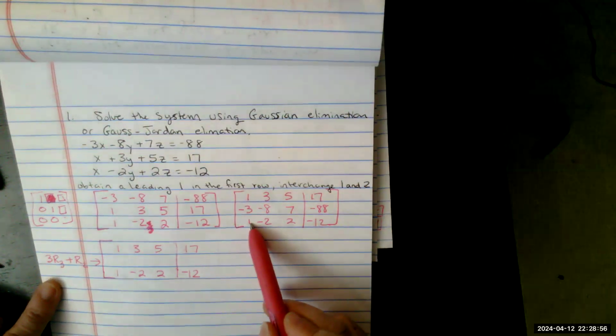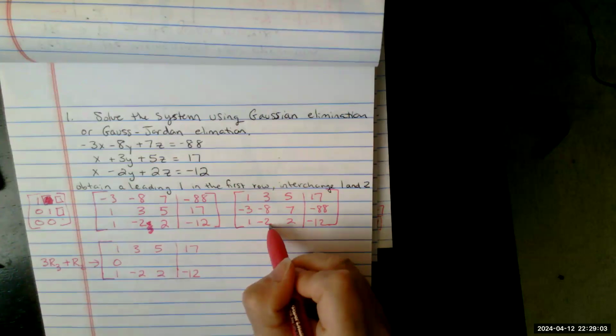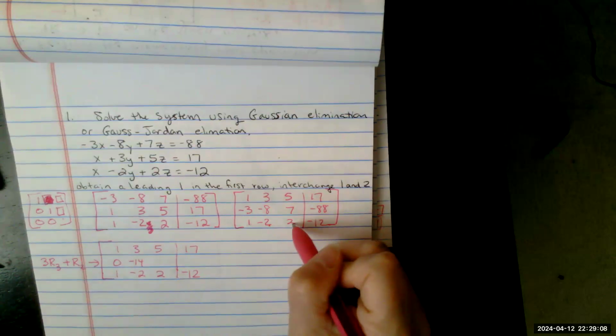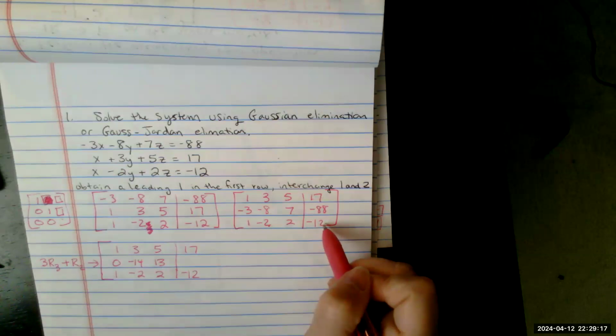So 3 times 1 plus -3 is 0. 3 times -2 is -6, plus this is -14. 3 times 2 is 6, plus 7 is 13. 3 times -12 is -36 plus -88 is going to be a large number.